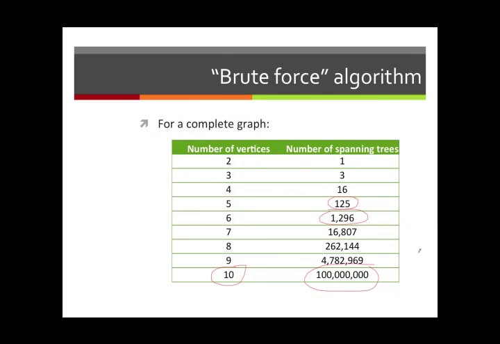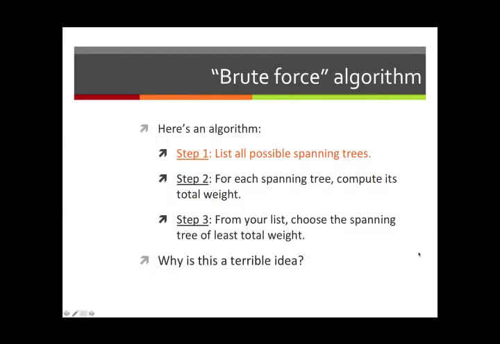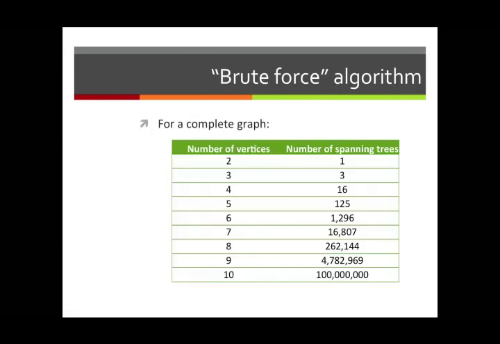Okay, so this algorithm that's been suggested, in which step 1 is to list all possible spanning trees, is just a terrible idea. This is our brute force algorithm, and it's not at all a practical algorithm because making that list is really a practical impossibility.